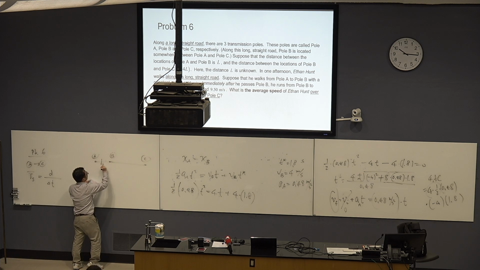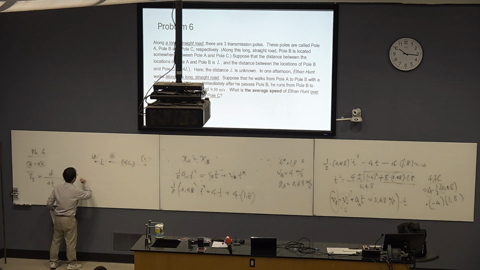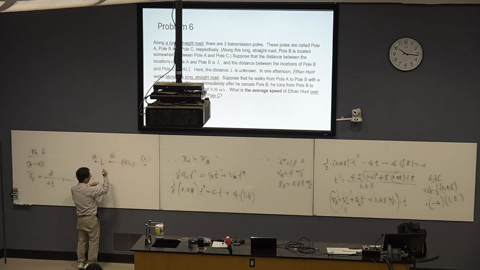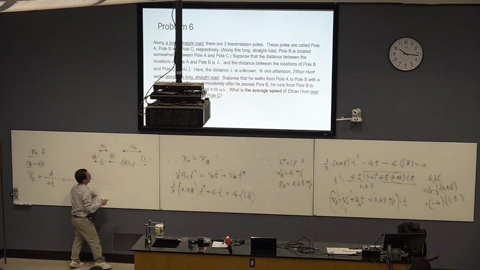So this distance L, this is 4L. So the total distance will be L plus 4L, right? Then for the time required, the speeds are actually different, right? The first speed is given, called V1, and the second speed is also given, called V2. So the speeds are different.